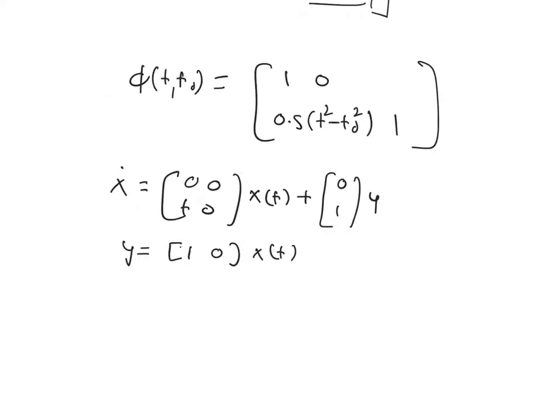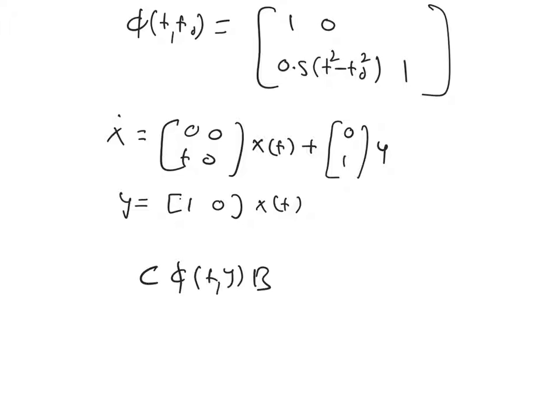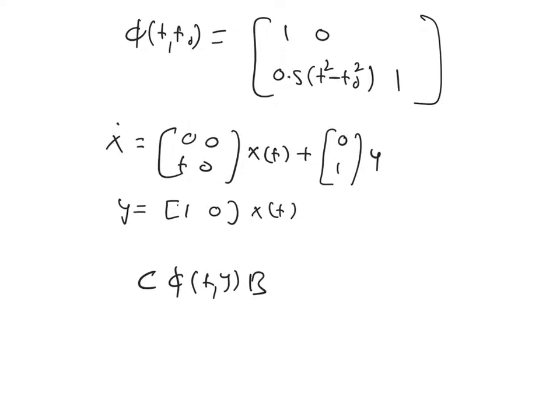What can you say about the BIBO stability of the system? First I need to find C phi t comma tau, or t comma t, or whatever, tau can be anything, and B. So you will see what that term is. Again, same thing, right? 1 0 means it will only keep the first row.